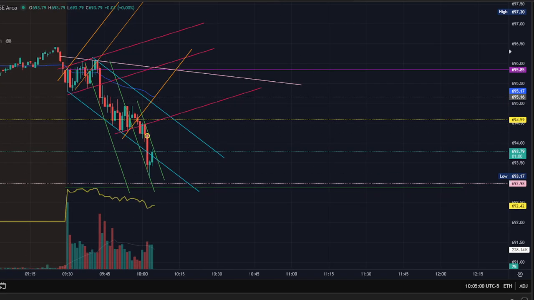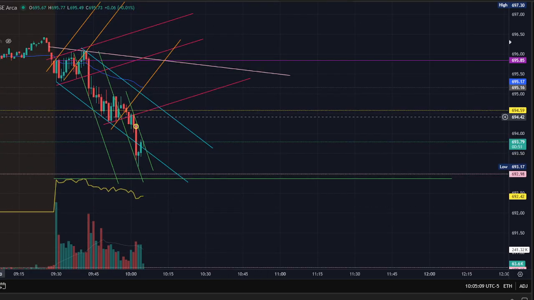Now, if there's an inverted head and shoulder, I would have liked a proper retest, but it makes it a lot more ideal now.